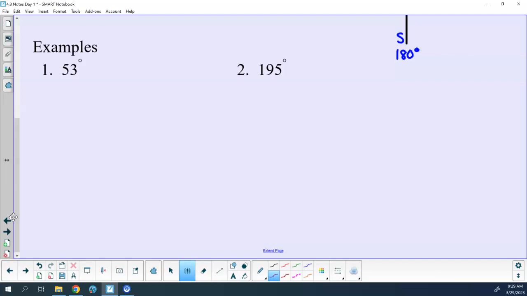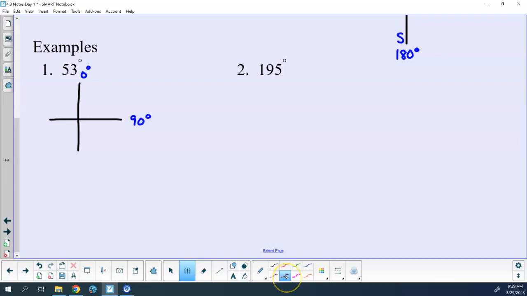Okay. So our first example is, these are navigation angles. Okay. So my navigation angle of 53 degrees. Okay. So I'd start with my crosshairs. 0 degrees is up top. 90 degrees is over here.